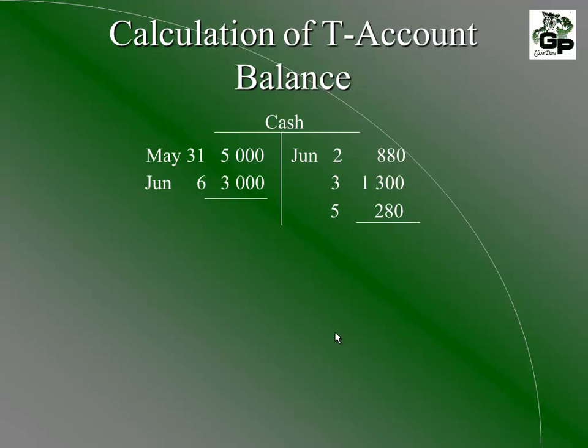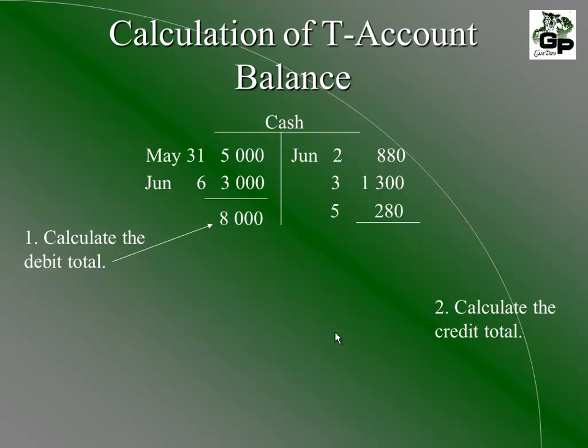We add up the debit side and we add up the credit side, and we will get an amount. In this example here on this screen, we add the transactions on the debit side of the cash account, and we get a result of $8,000. We calculate the total on the credit side, and we get an amount of $2,460.